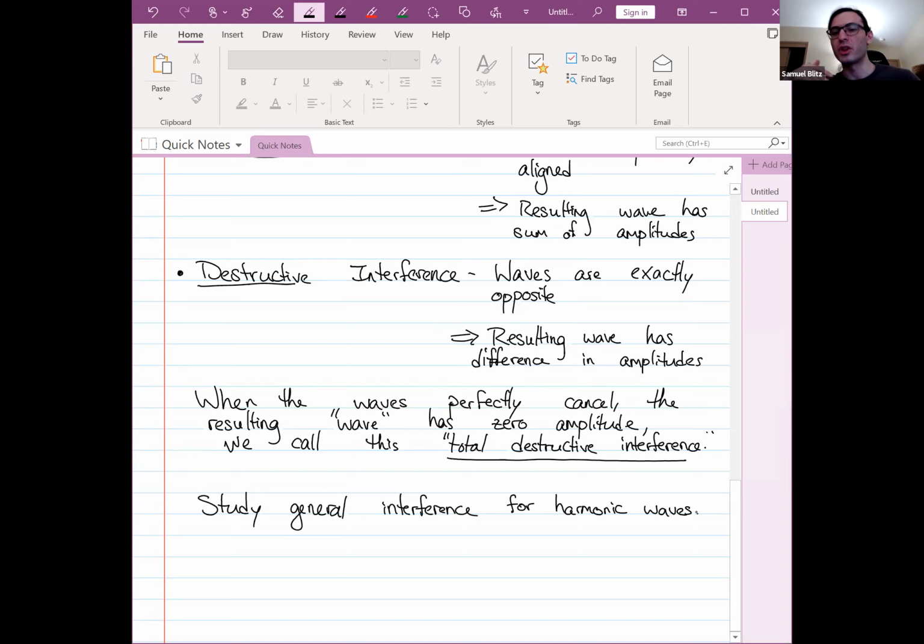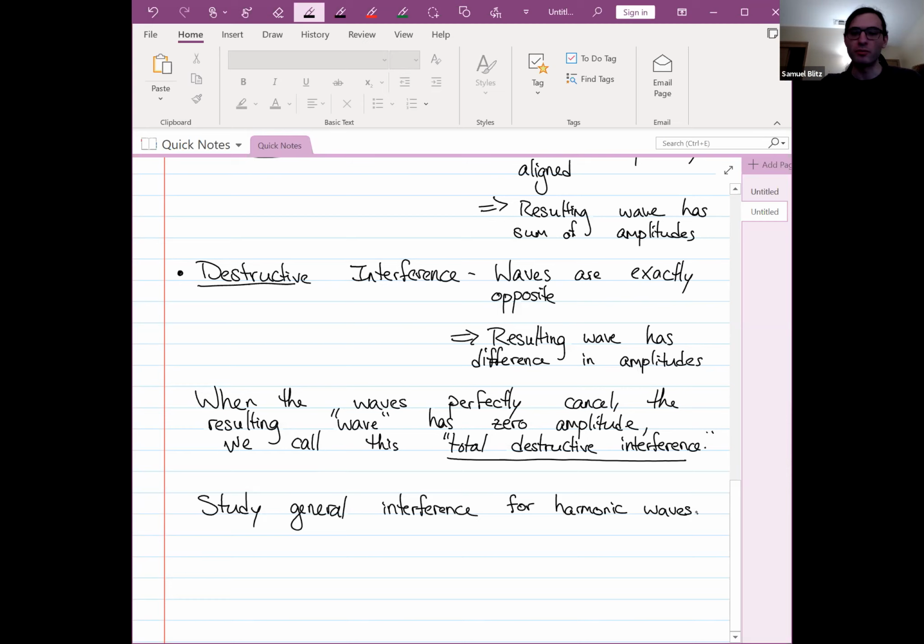So the way that we quantify waves is by intensity. So rather than just studying how the amplitude changes when you have two interfering waves, we're going to study how the intensity changes depending on whether they're aligned, anti-aligned, and so on.